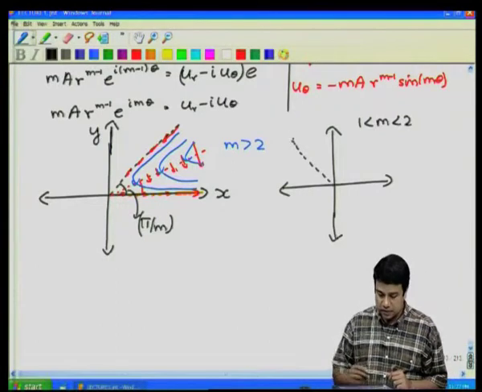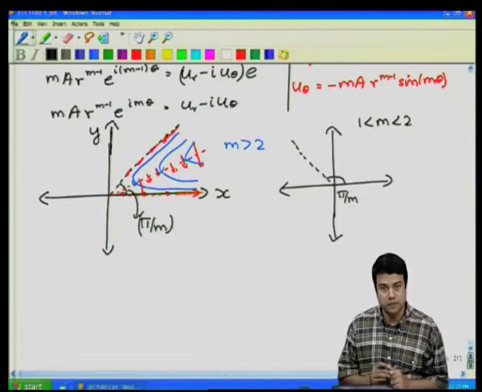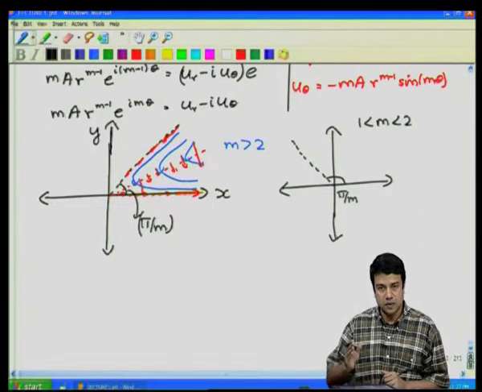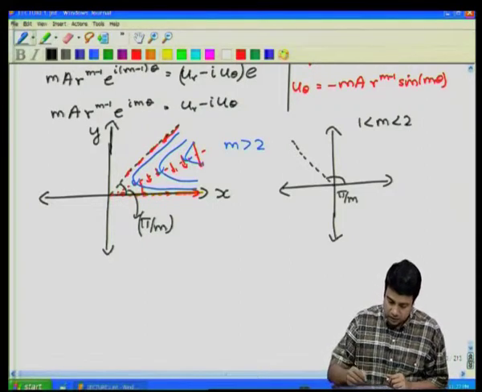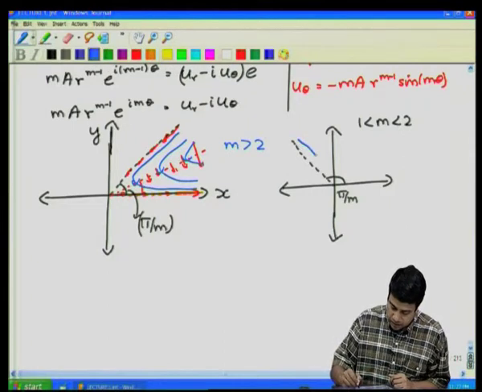So, this is the angle pi by m for m between 1 and 2. The angle is between pi by 2 and pi, and therefore, you get a flow in a corner that looks something like this, in an obtuse angled corner.